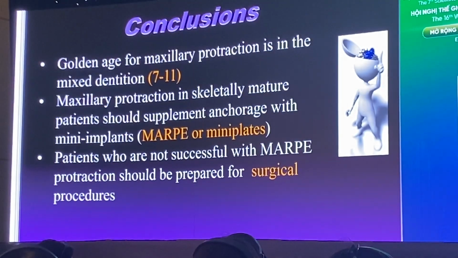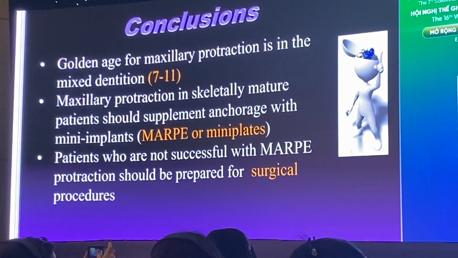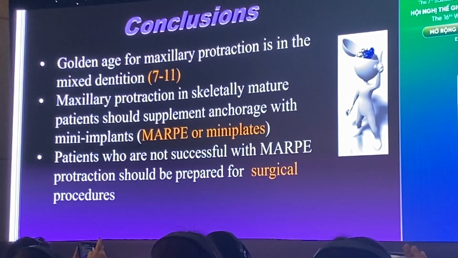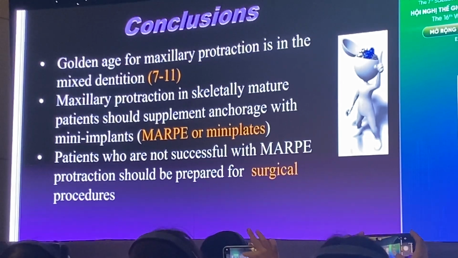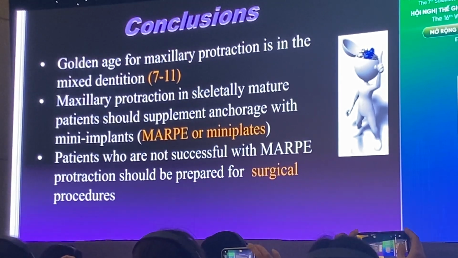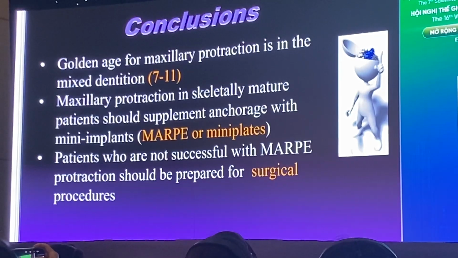So I'm going to conclude my lecture because I answered 3 questions. The golden time for doing maxillary protraction, if the patient wears the face mask, is 7-11, all right? If the patient doesn't want an expansion appliance, you can choose. Now, 7-11, I'm not talking about a 13-year-old, okay?